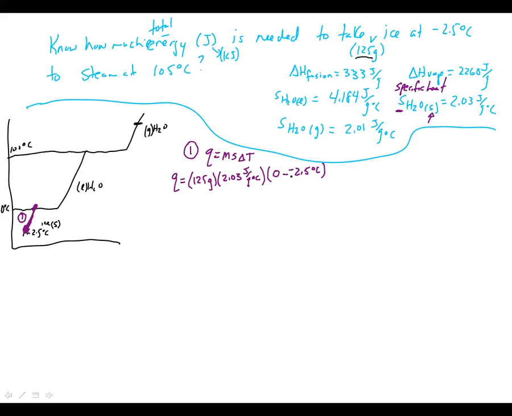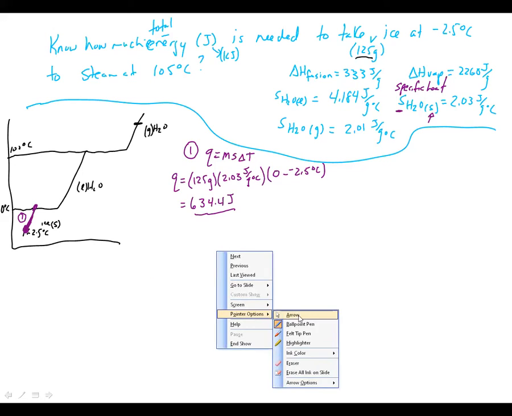And that very first step is going to require, we'll call it, 634.4 joules of energy. It is a positive number, which we would expect since we're putting energy in. Any questions on that first step? That first step gets us to 0 degrees Celsius with our ice.